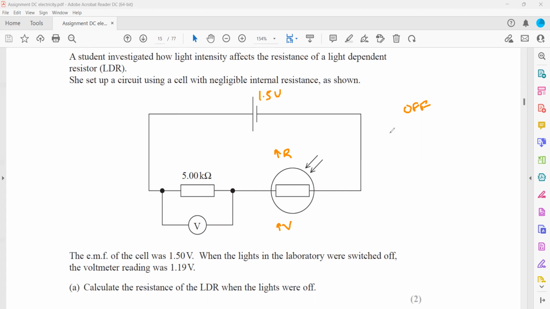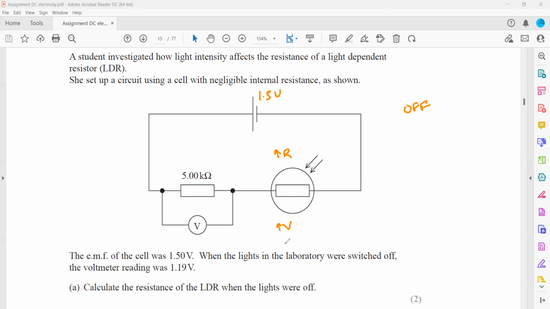The voltage across the LDR will increase when it gets dark. But again, the division of the voltage between the fixed resistor and the LDR depends on their resistance. Even if it's dark and the resistance of the LDR increases, that resistance might be smaller than the resistance of the fixed resistor. So the voltage across the LDR will be smaller compared to the fixed resistor.